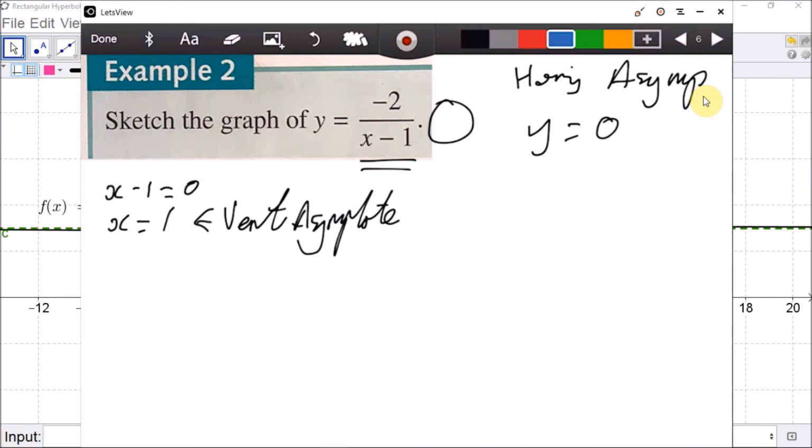And then we've got a couple other things that have happened here. We've got a reflection, and we've got a dilation. Now when we find our intercepts, that's going to sort itself out.